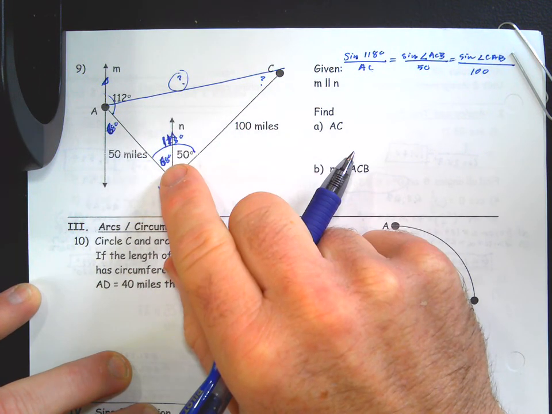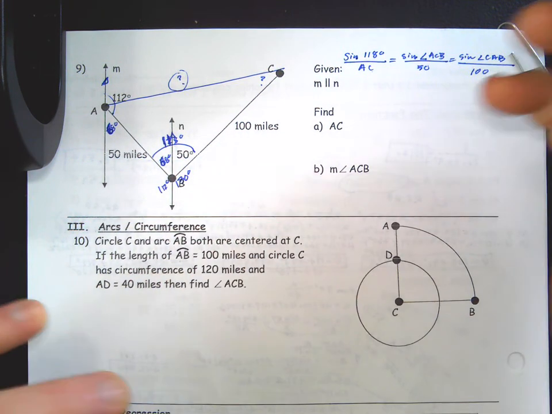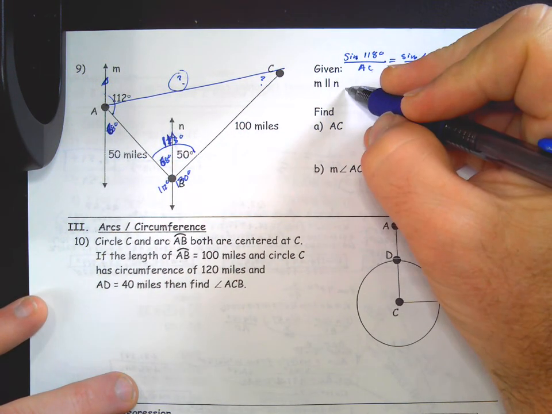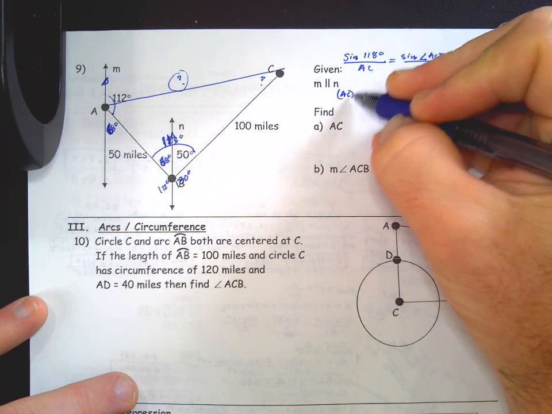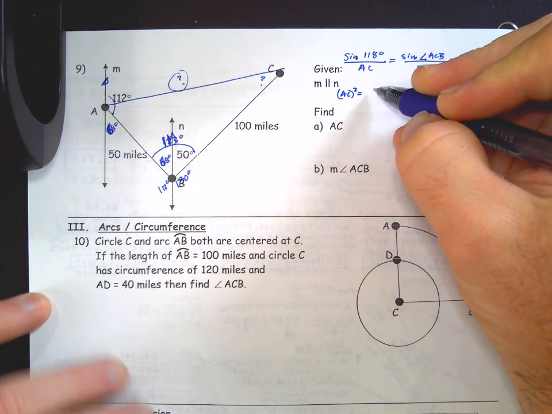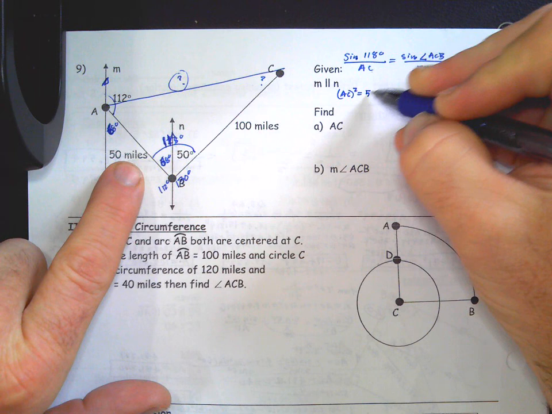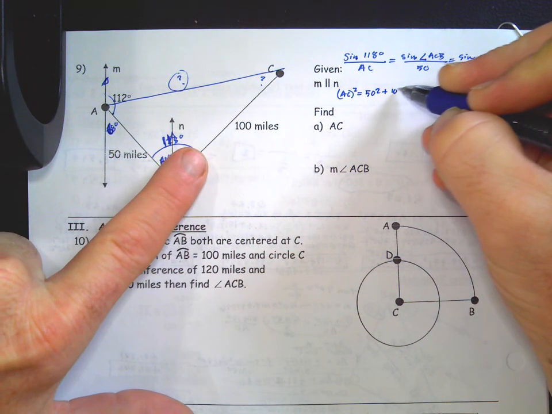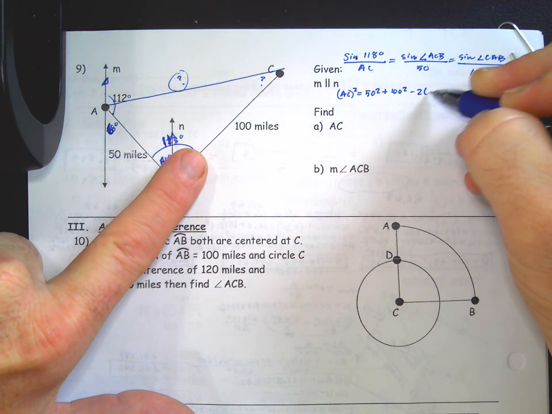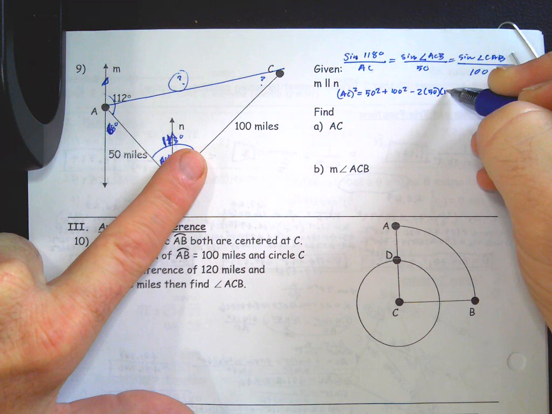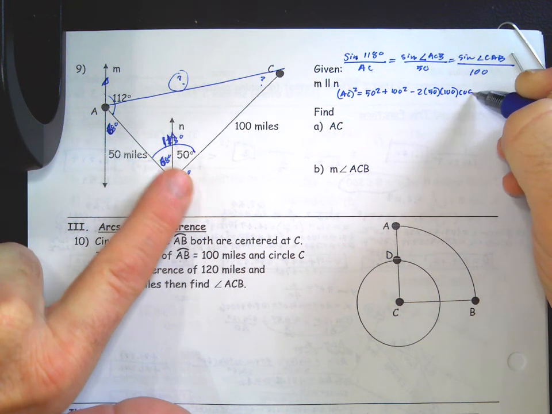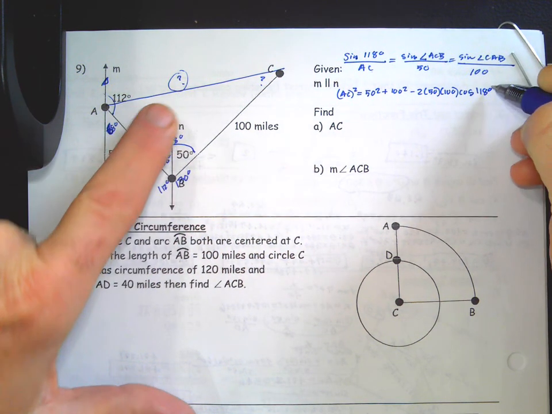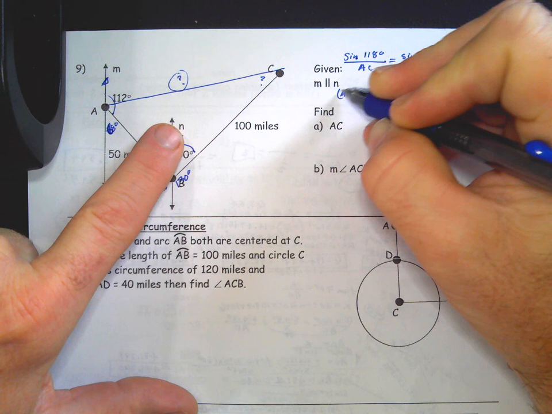So I'm going to write AC squared equals 50 squared plus 100 squared minus 2 times 50 times 100 cosine of the angle 118. That's opposite that side. Remember, these have to be across from each other.